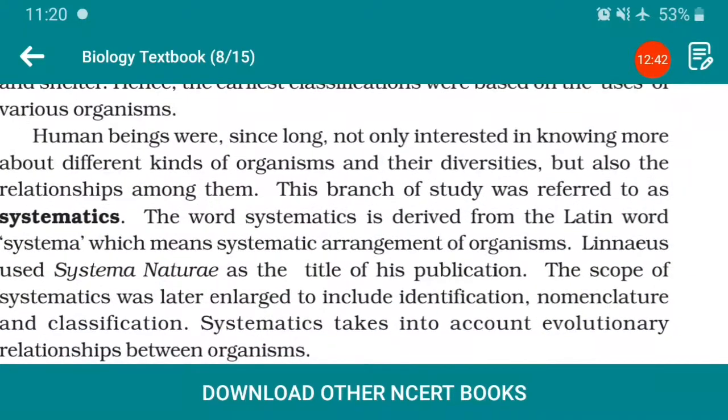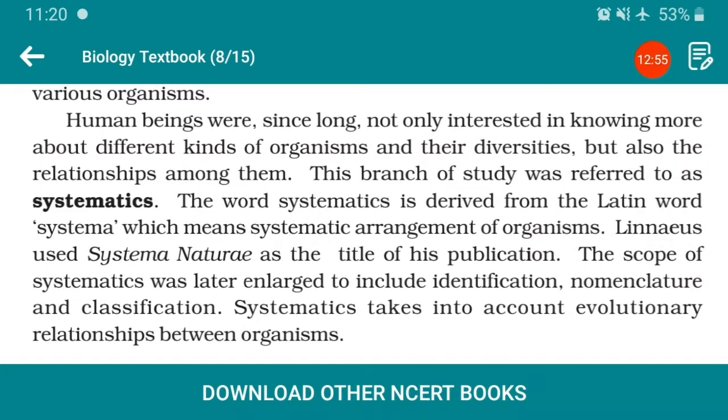Human beings, since many years ago, were interested not only in knowing more about the different kinds of organisms and their diversities, but also the relationships among them. This branch of study was referred to as systematics. Nowadays we use this systematic study with the help of technology. The word systematics is derived from the Latin word systema, which means systematic arrangement of organisms.